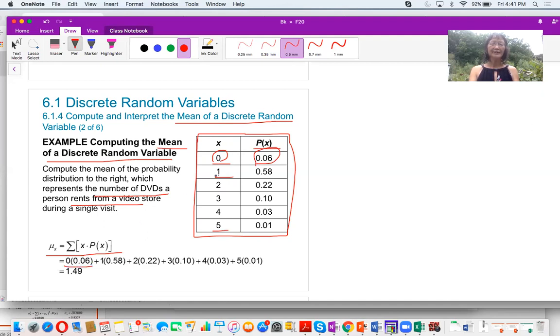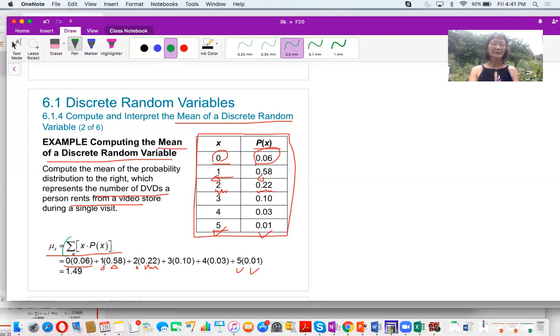Next x, next is 1 times the probability of 1, 0.58. So 1 times 0.58. Keep on going. Next one is 2. The probability of 2, 0.22. So 2 times 0.22. Until the last one, number 5, the probability of 5, 0.01. So 5 times 0.01.